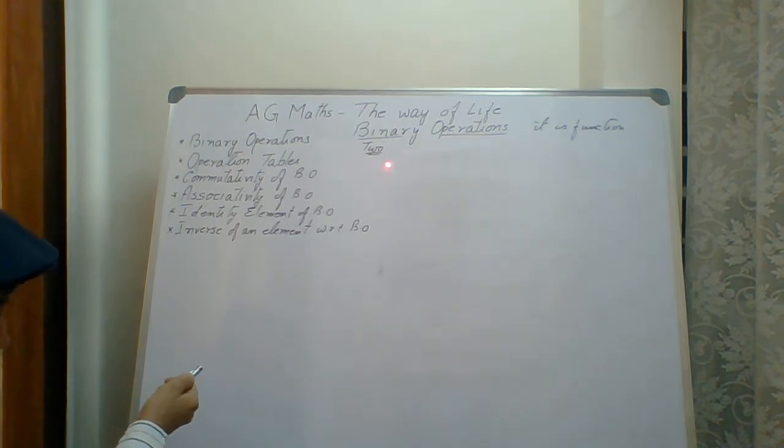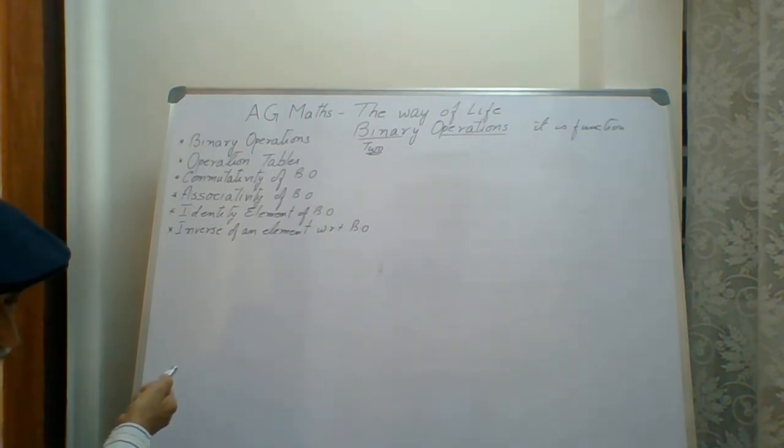That is, A cross A gives us A. It's a binary operation on set A, and if I say R cross R gives me R, then it is a binary operation on R, that we have understood.